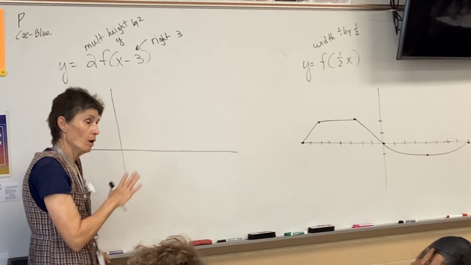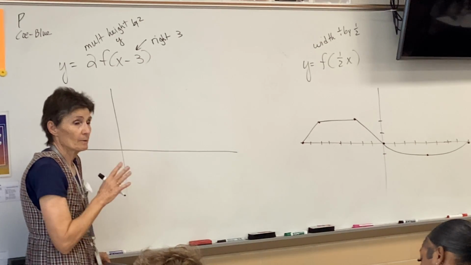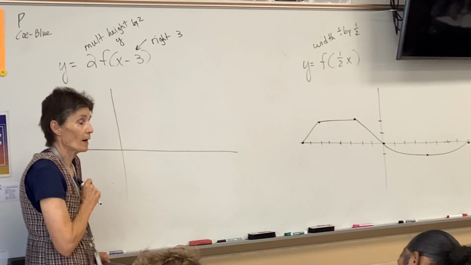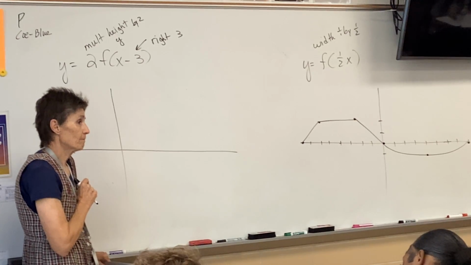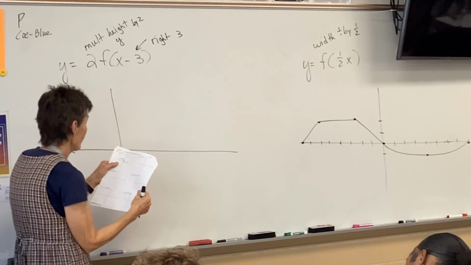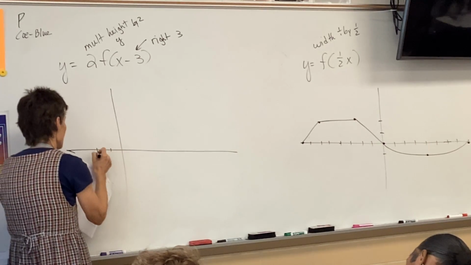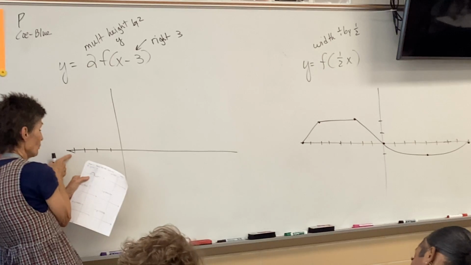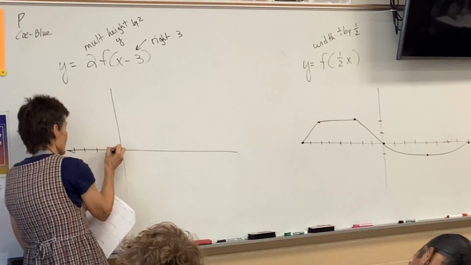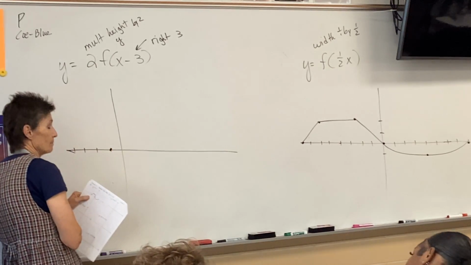Now you can do this all at once if you want. I'm going to do it in 2 steps. I'm going to go right 3 first. So every point on my original picture, I'm going to move it right 3. So the original point's at -4. It's coming over here to -1.